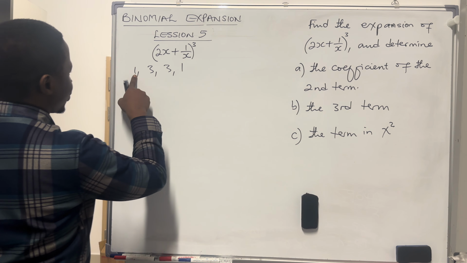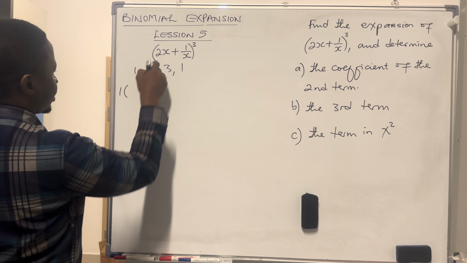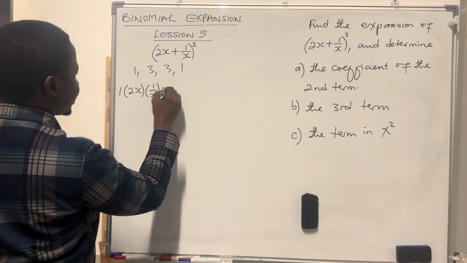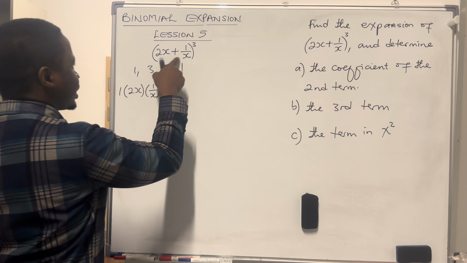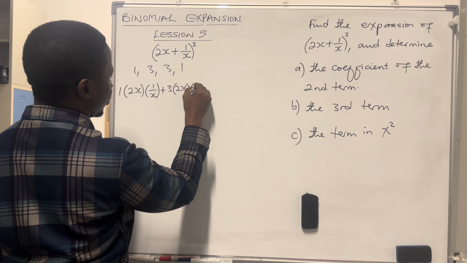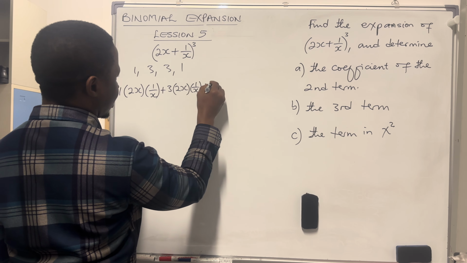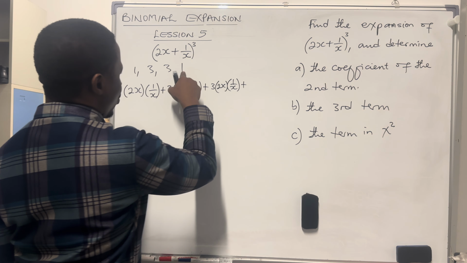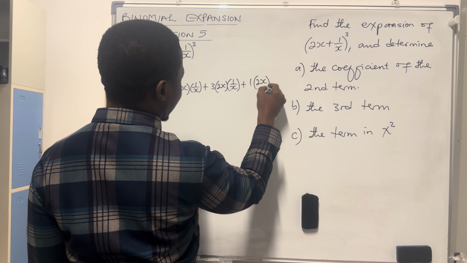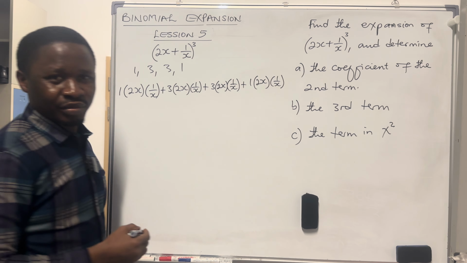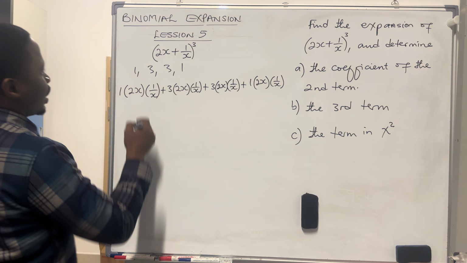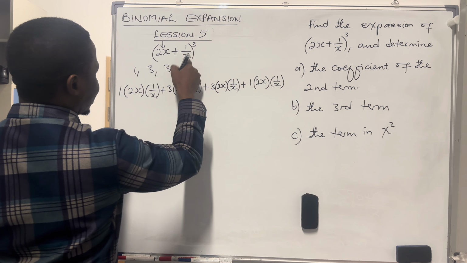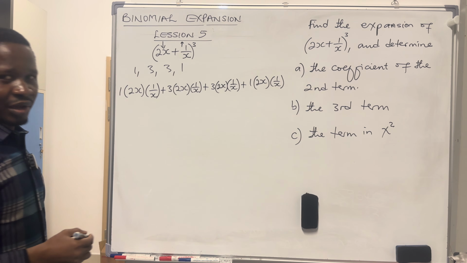So this is 1, (2x), then (1/x). Each time you write a coefficient, you need to write both of these: (2x) and (1/x), to the power 3, 2, 1. The first one decreases in power, and the second one increases in power.